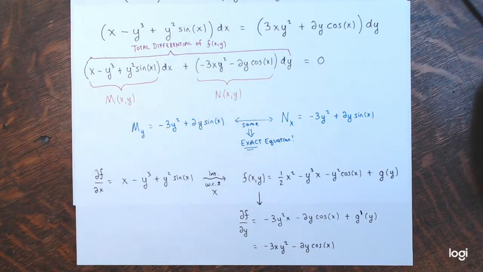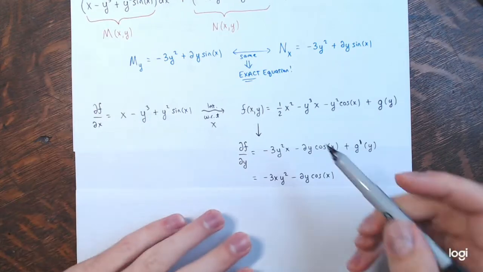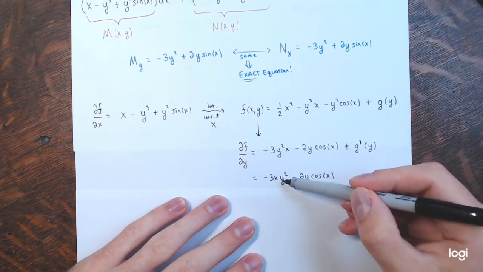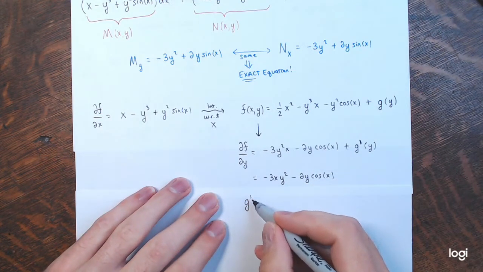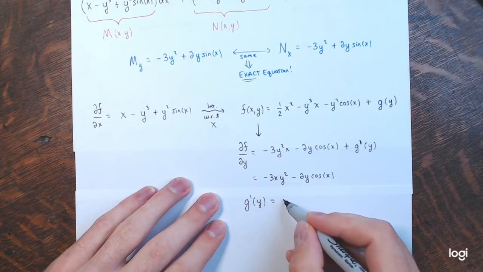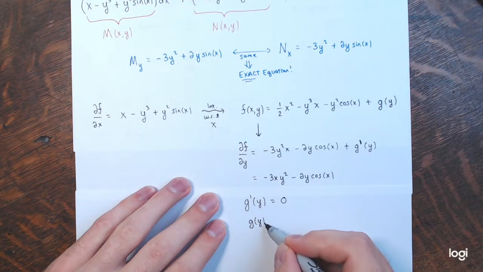All right. And we're going to use this to help us find g of y. Okay, so if we have these two equal, now you can very easily see, hopefully, that I can get rid of some terms. If I add 3y squared x to both sides, those are gone, and I add 2y cosine x. So all we're getting here is that g prime of y is equal to 0, and that means that g of y must be some constant.